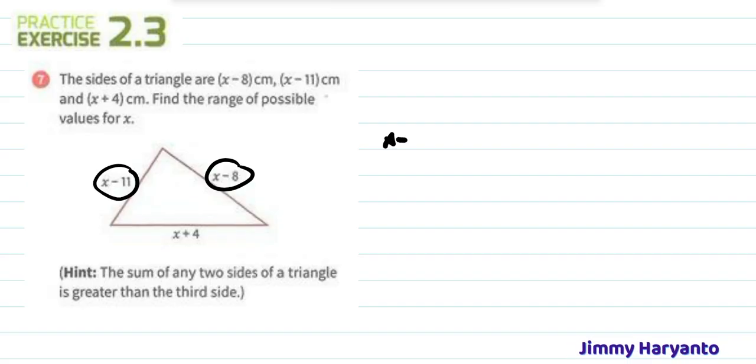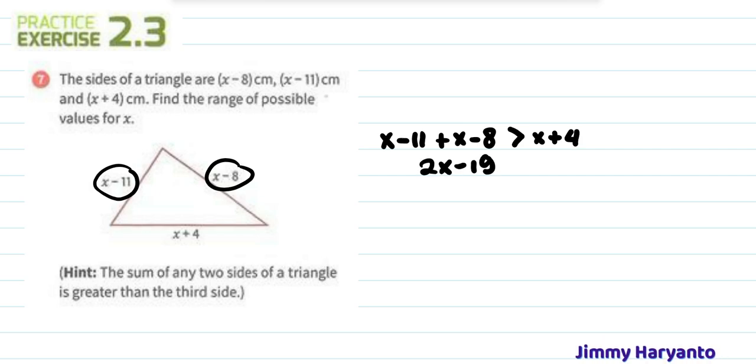The sum of the two shorter sides will be greater than the third side, which is x plus 4. So this one is 2x minus 19 greater than x plus 4. I move the x to the left hand side, you will have x greater than, move the 19 to the right hand side, it's 23. So x has to be greater than 23.